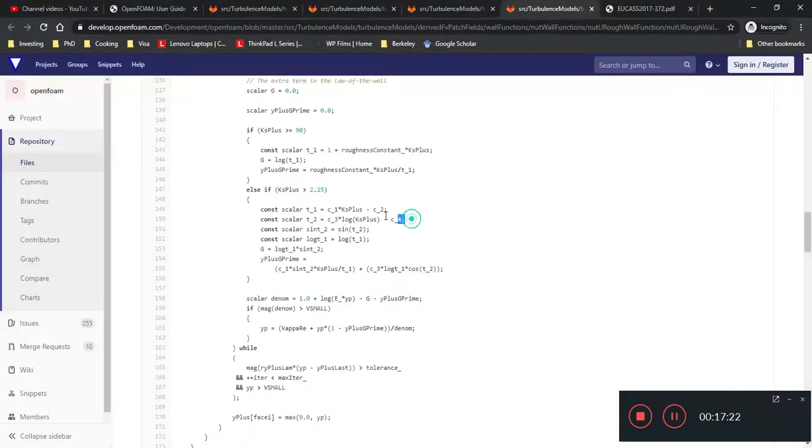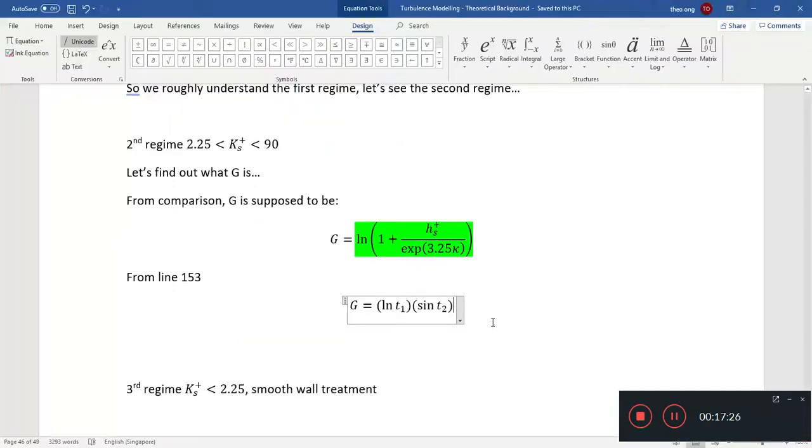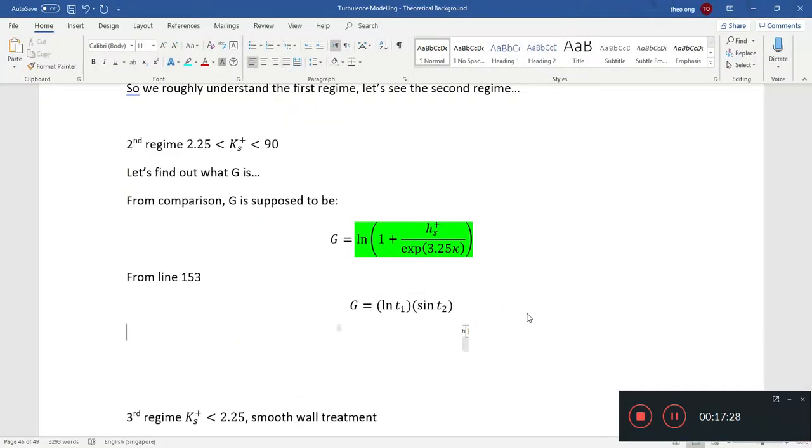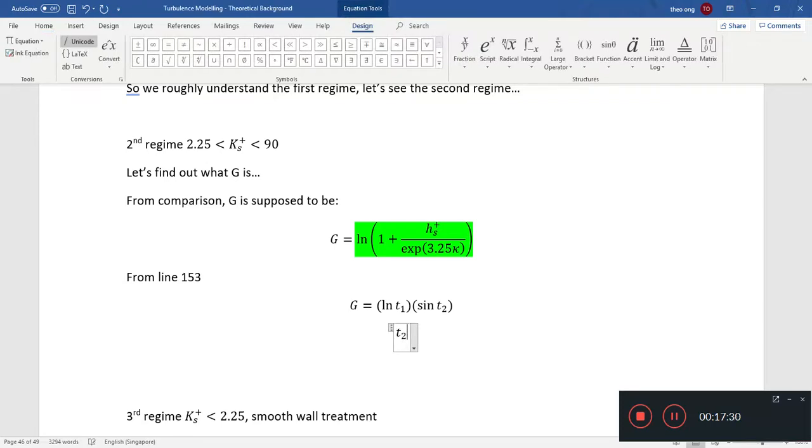We can take a look here. T1 is equal to C1 Ks plus minus C2. So T1 here, in this case, is not the same as the above. T1 equals C1 times Ks plus minus C2. Wow.